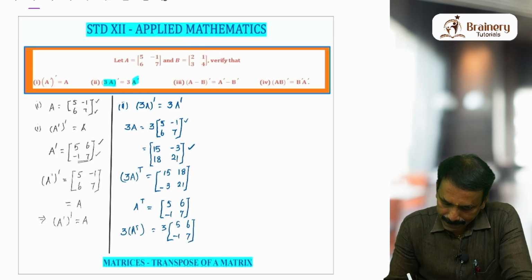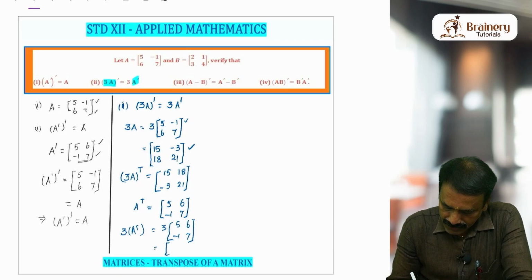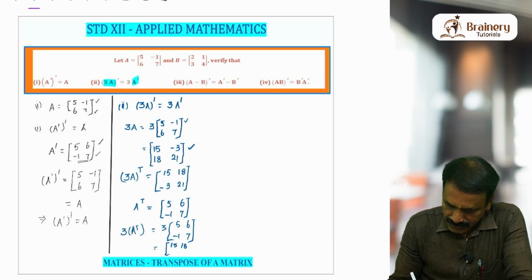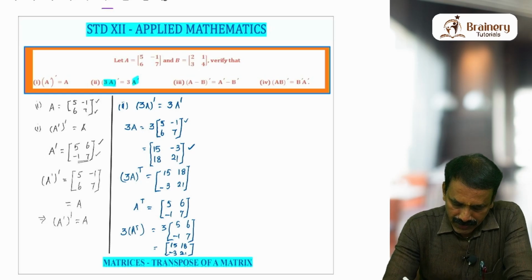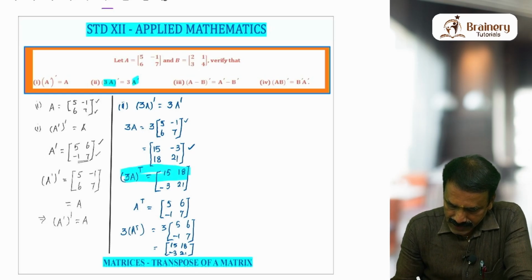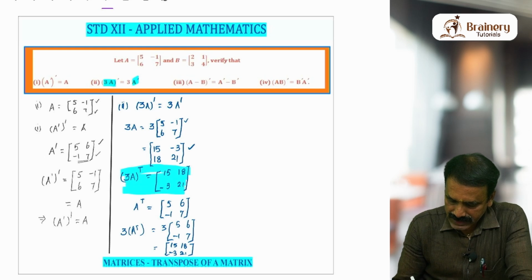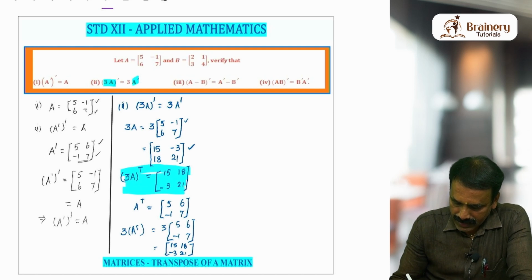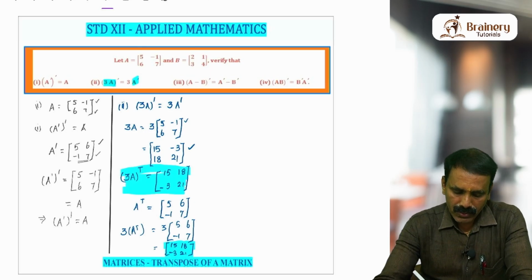So multiply. On multiplication, what are you going to get? 3 into 5, 15. 3 into 6, 18. 3 into minus 1, minus 3. 3 into 7, 21. Now you can very well see that 3A transpose is 15, 18, minus 3, 21. Correct? And here also what are you going to get? 15, 18, minus 3, 21.